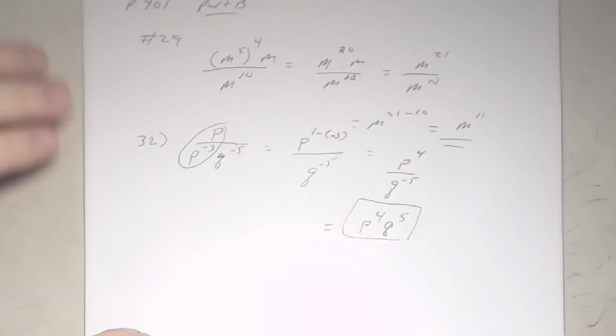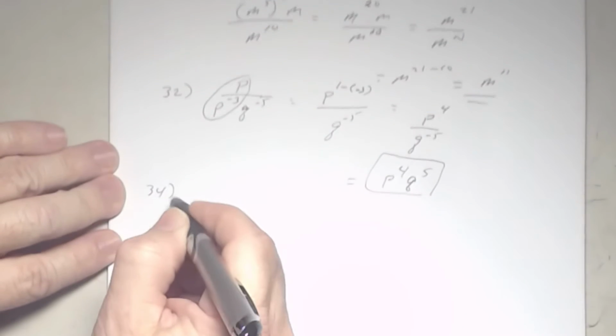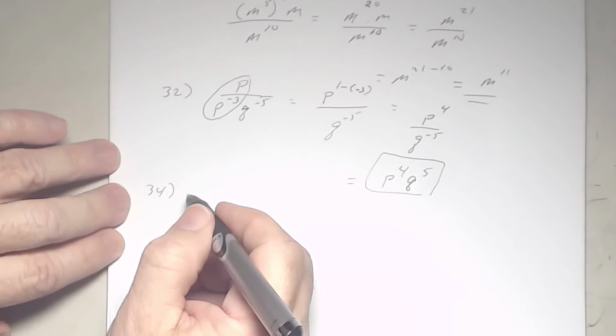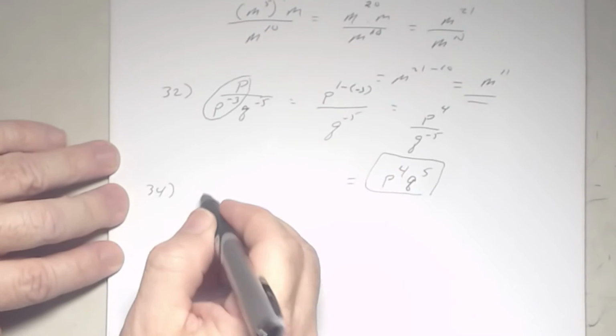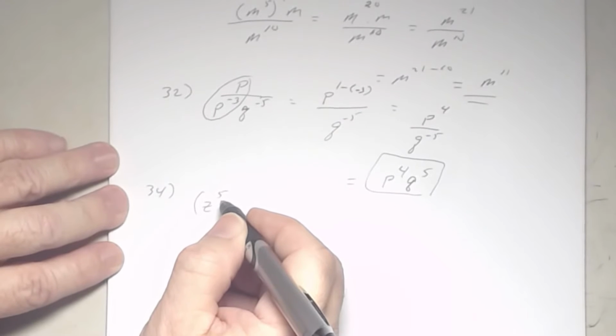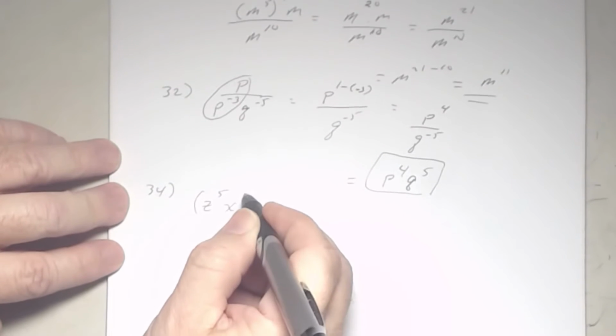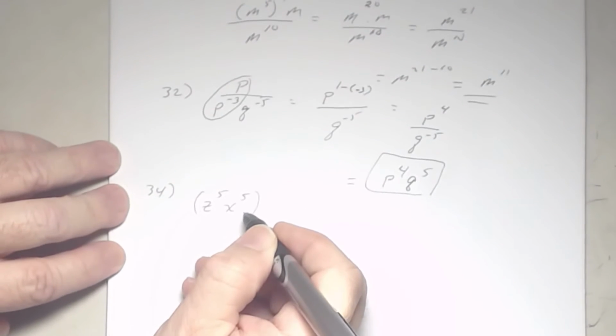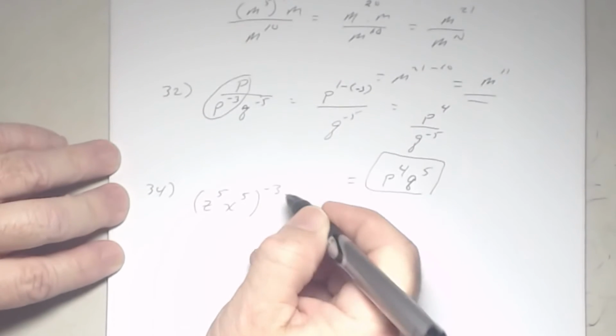All right. So that was 32. 34. 34, you have z to the 5th divided by x to the 5th raised to the negative 3rd.